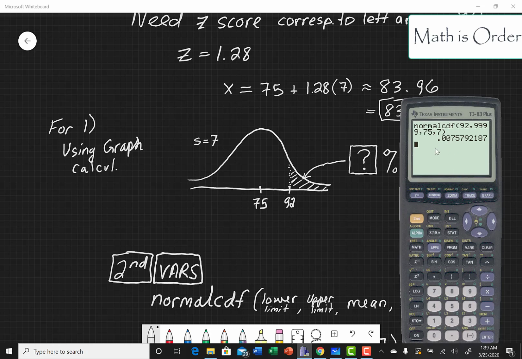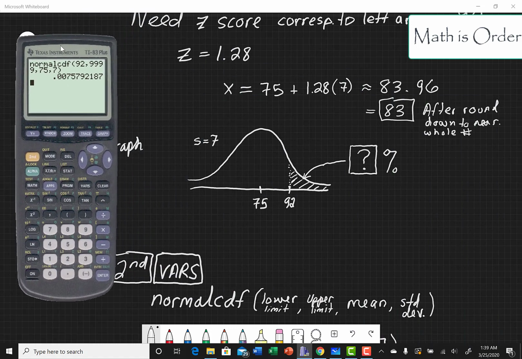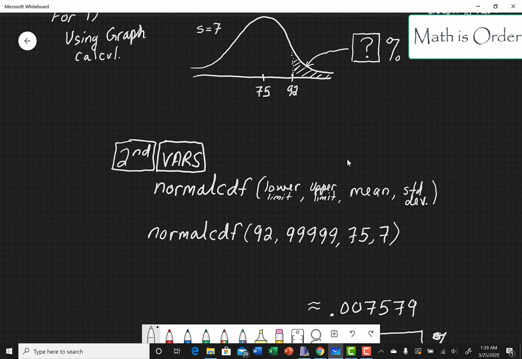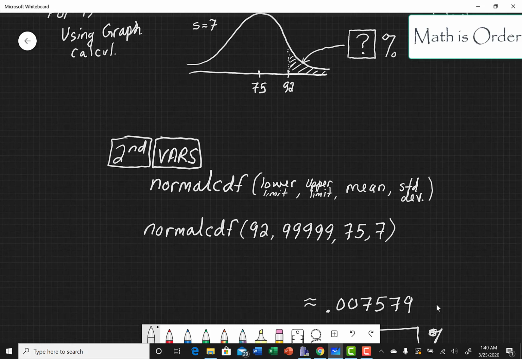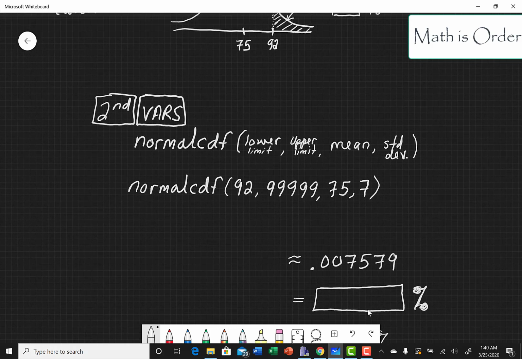And then you can see that our right area here is 0.0075, right? You can see that. 0.0075. Again, if you want to change this to a percent, it's going to be 0.7579 percent.